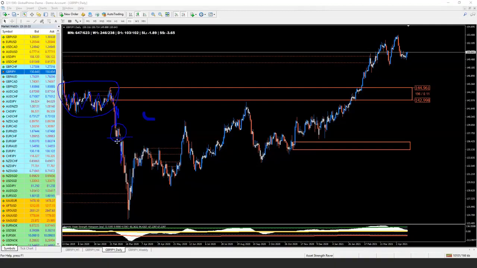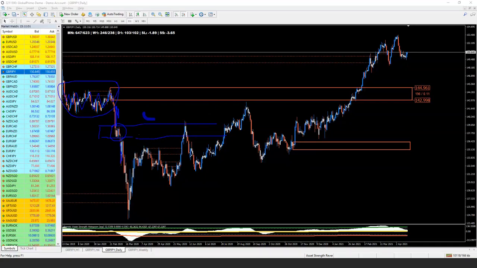So when you see price come back down, move up, and then move down, this blue line is telling us where we have the edge of the sell zone. So we have an area of supply, and it looks something like this.